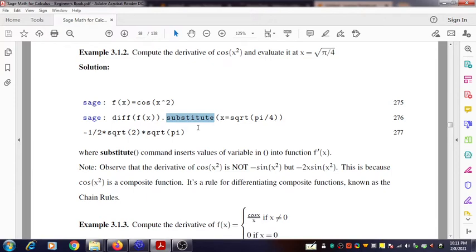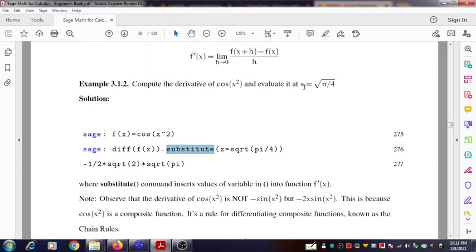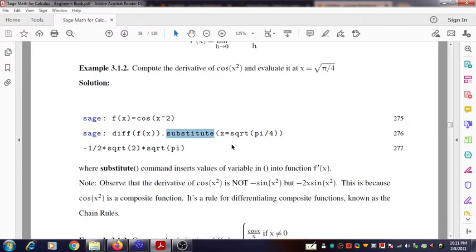You can use the substitute command along with a given function, but you have to specify which quantity must be substituted for which variable. So in substitute you write x equal to square root of pi by 4, because the question asks to find the derivative when x equals root of pi by 4.